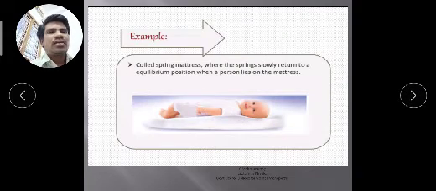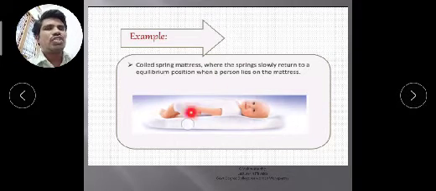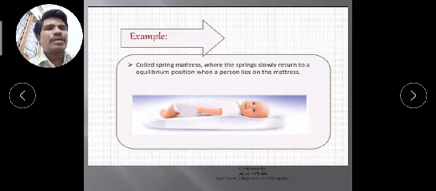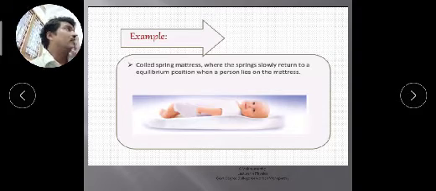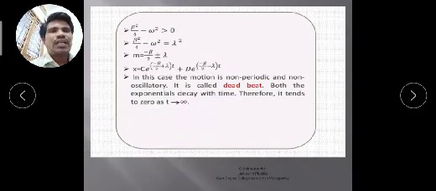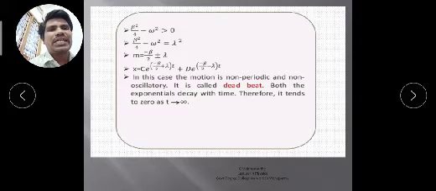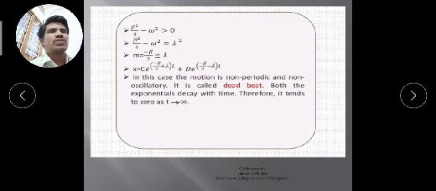An example for this: this boy is sleeping in this position on a coiled spring mattress, where the spring slowly returns to its equilibrium position when a person lies on the mattress. This is the example for the overdamping case. For overdamping, we know that beta square by 4 minus omega square is greater than 0.